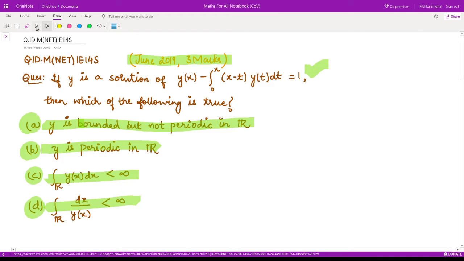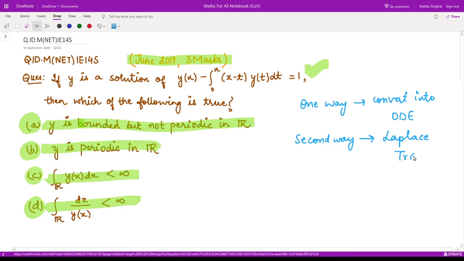For that, we have to solve this integral equation. One way to do this is to convert it into an ordinary differential equation. The second way is that this is a Volterra kind of equation, so you use the Laplace transform to solve this.